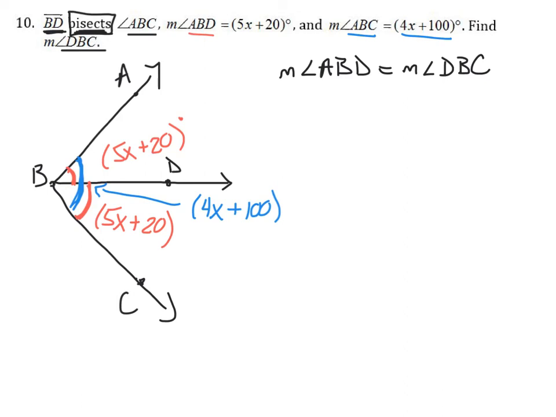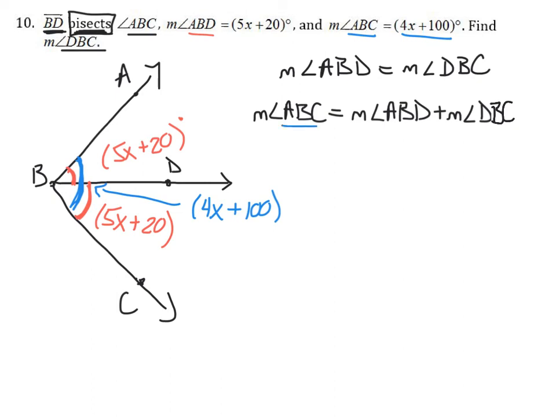Now let's think about that large angle. The measure of angle ABC is going to be equal to the sum of the smaller angles. So that would include angle ABD plus the measure of angle DBC. So let's fill in what I know.